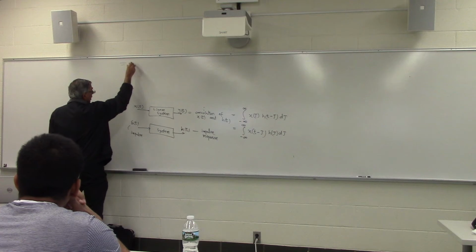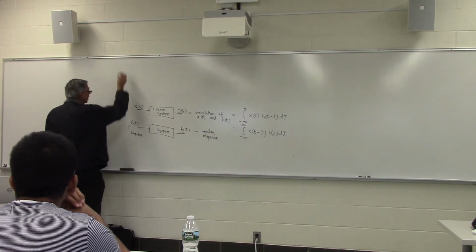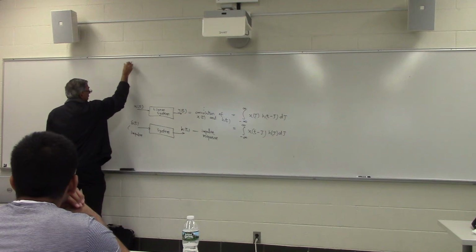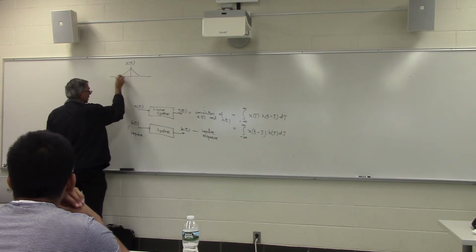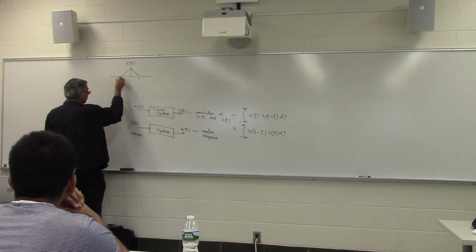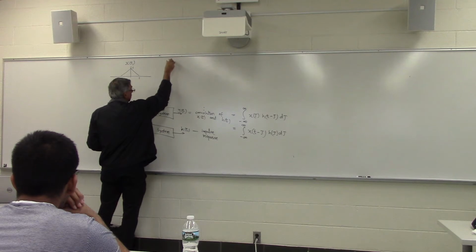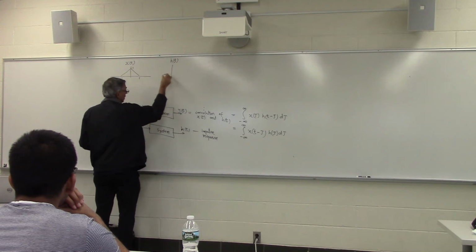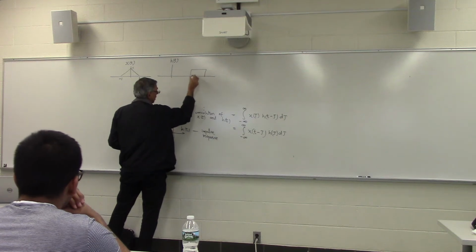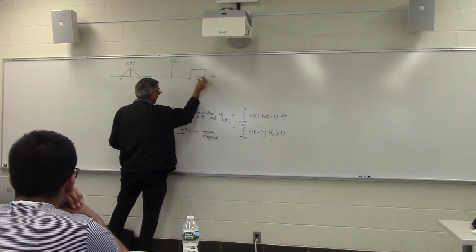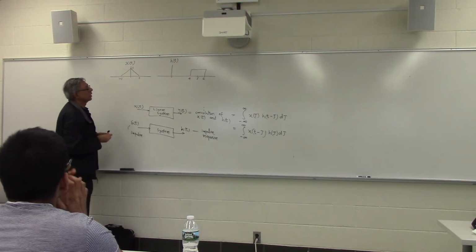Let's suppose we have two signals. Let's say x of t looks like this: 1, minus 1, 1. And suppose h of t looks like this: 4, 5, 6, and the values.